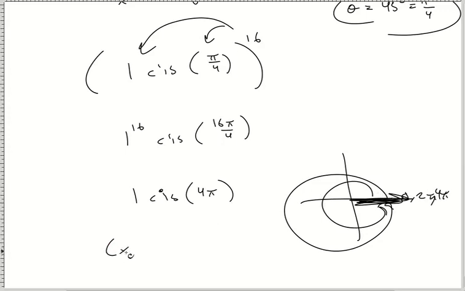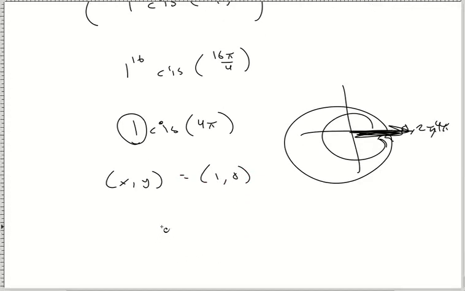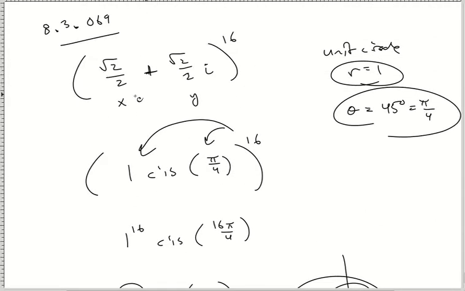It's 0. How much distance am I traveling? 1. That's my radius. So I've got 1 distance, 0 for y. And therefore, when I go back to x plus yi, 1 plus 0i, the answer here is simply 1. Yep, this whole thing right here is equal to 1. Isn't that funny?